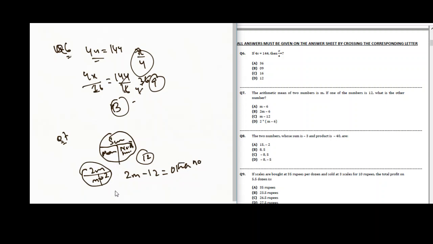If I take 2 common, now if you look at this, nothing will fit in, and this is the key. You will go, okay, perhaps there is a printing mistake, or you mark C and end up with a wrong answer. You have to take 2 common: 2 times m minus 6. Now look, does any one of the answers match what you have solved?